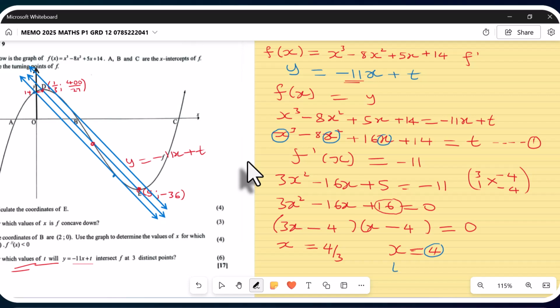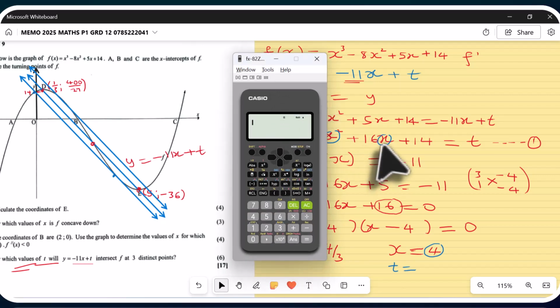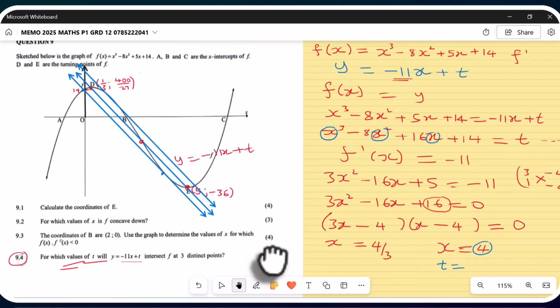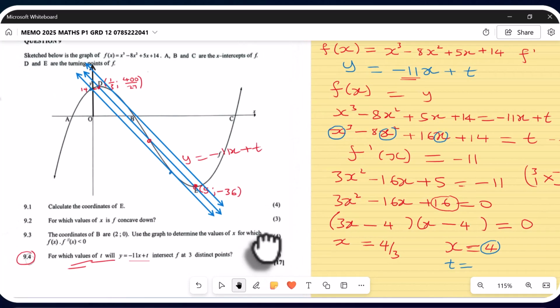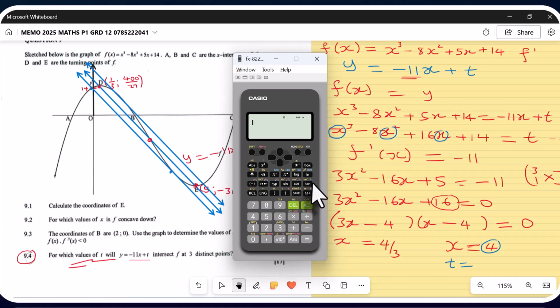Let us now put in 4 over 3. I'm going to say 4 over 3 cubed, and then minus 8 into 4 over 3 squared, then plus 16 times 4 over 3, then plus 11.